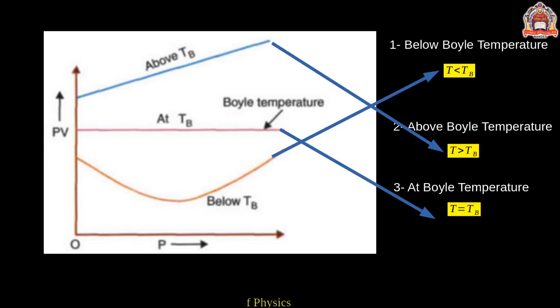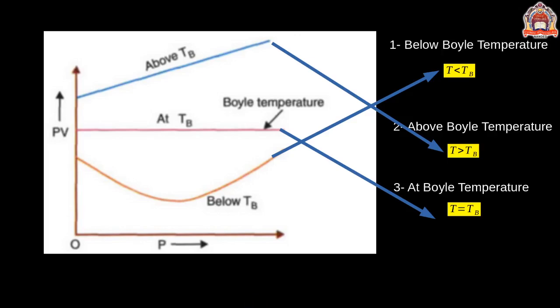Thus below the Boyle's temperature, the gases are highly compressible, and this suggests the existence of intermolecular attraction. Beyond the Boyle temperature, Boyle's law is obeyed and intermolecular attractions are less significant. From this concept, we can define the Boyle temperature.